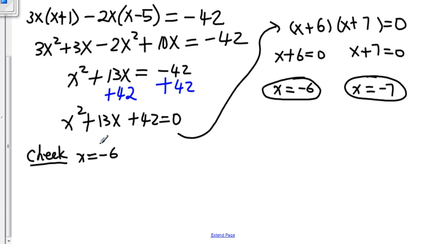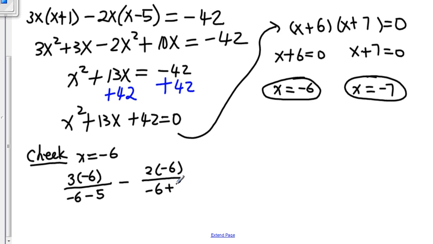We are going to plug in negative 6 into the original equation. The original equation is 3x, where we replace x by negative 6, over x minus 5, that would be negative 6 minus 5, minus 2x, that would be 2 times negative 6, over x plus 1, that would be negative 6 plus 1.